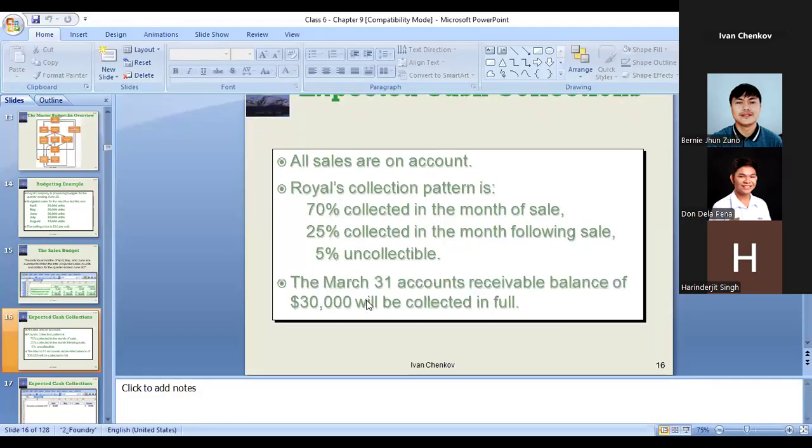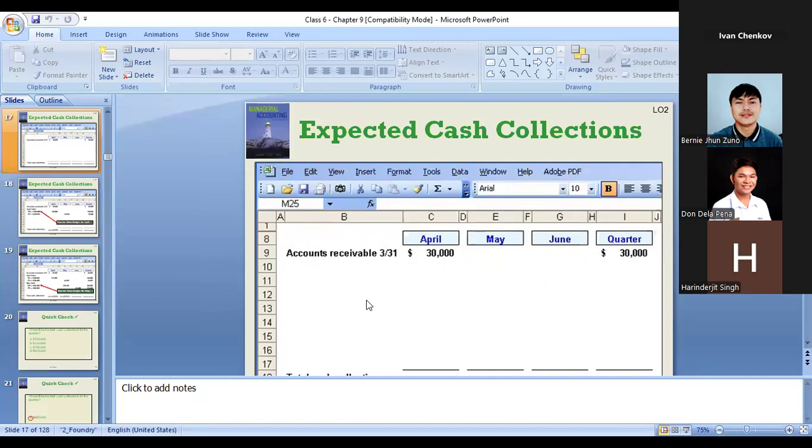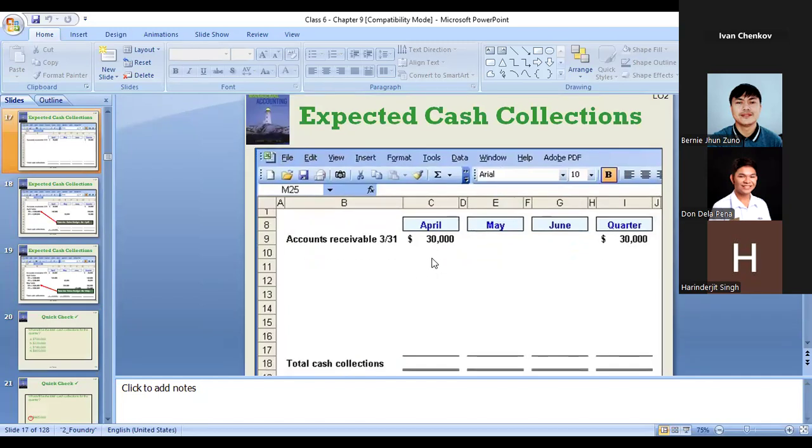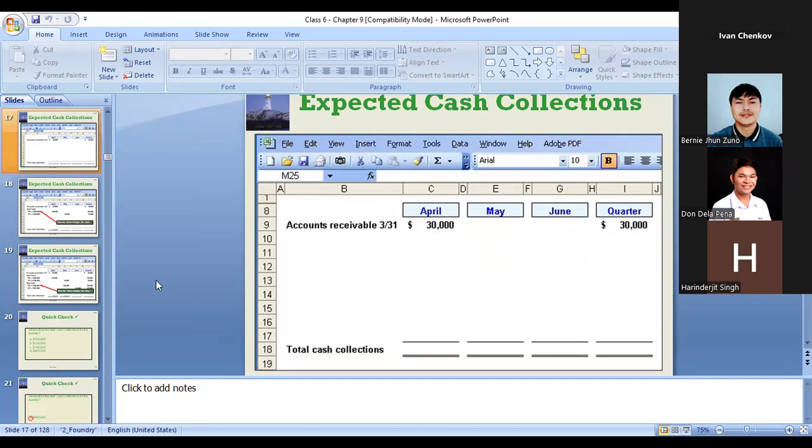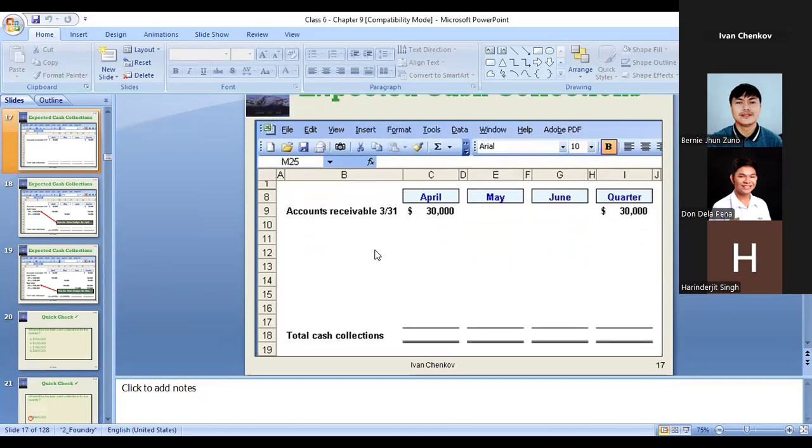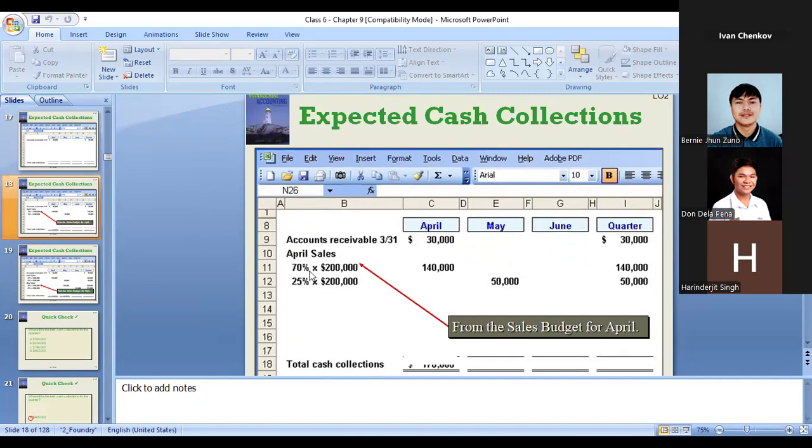Once we have this, we can start working on the collection budget. Again, in April 1st, we're going to collect the 30,000. Then we're going to collect the 70,000 from April sales. The remaining 25% of April sales, we're going to collect it in May.